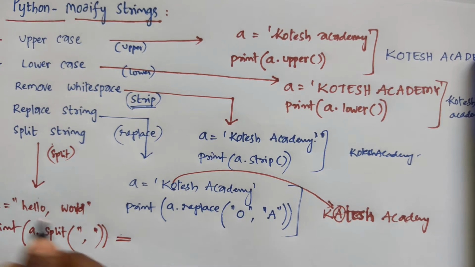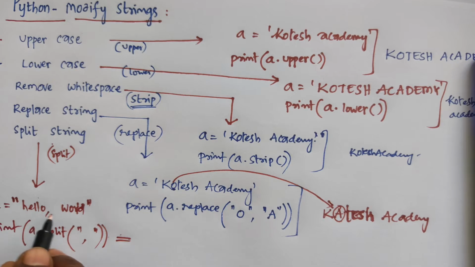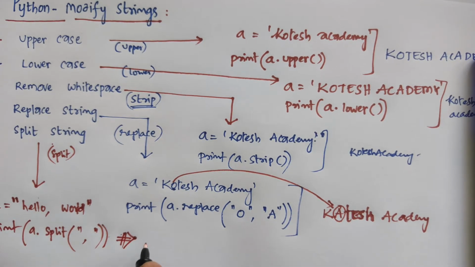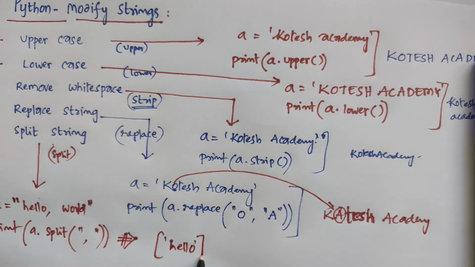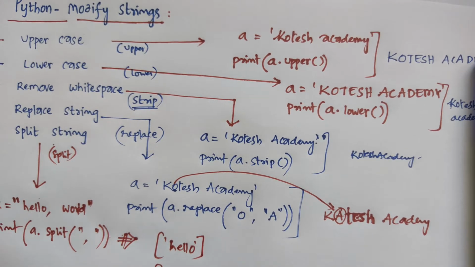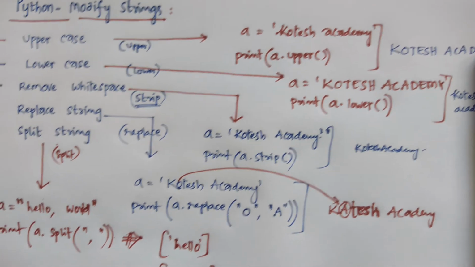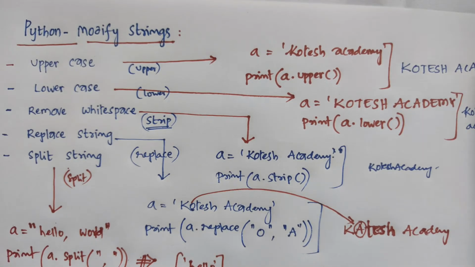Based on the space between the starting and ending quotation marks, that can be represented like this. You will get the result in double or single quotation marks: hello is one text and world is another one. That is the representation of splitting. Okay, thank you.